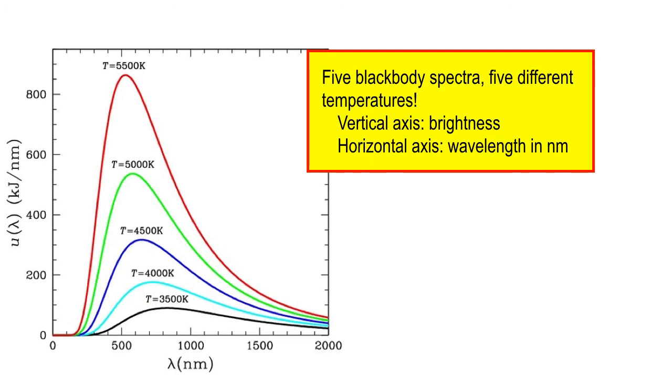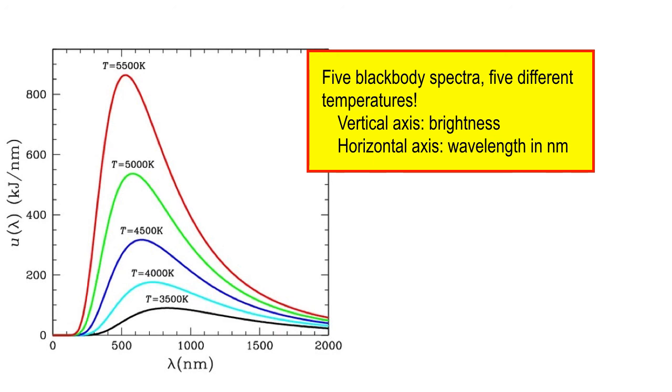Now the vertical scale is how bright the object is. And they've segregated it into wavelengths. So that for the 5,500 Kelvin object, it's really bright down here at about 500. And for the 3,500, its max brightness is down here.